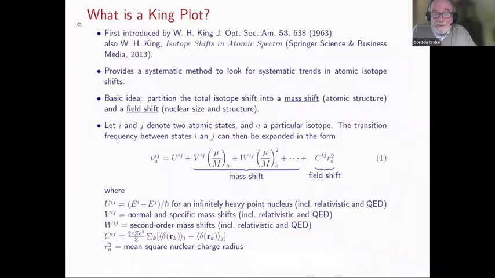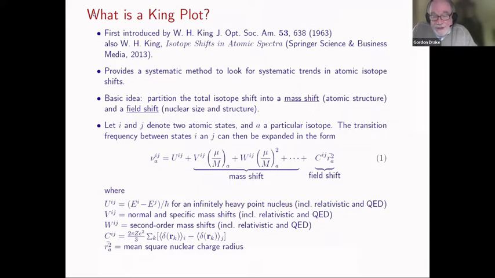So what is a King plot? First introduced by W.H. King in 1963, it provides a systematic method to look for systematic trends in isotope shifts. The basic idea is to partition the total isotope shift into a mass shift and a field shift due to nuclear size and structure.